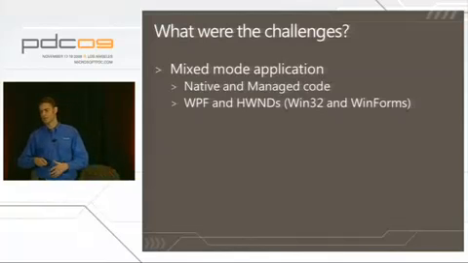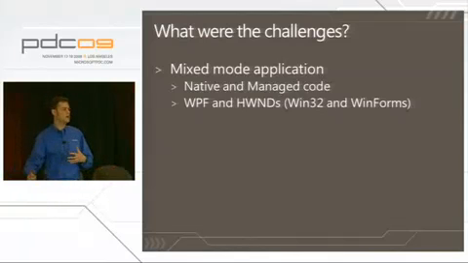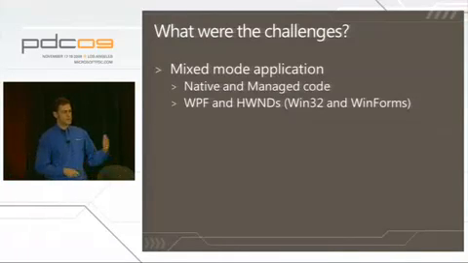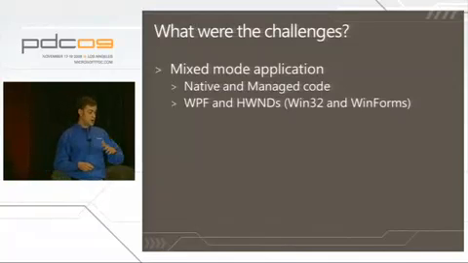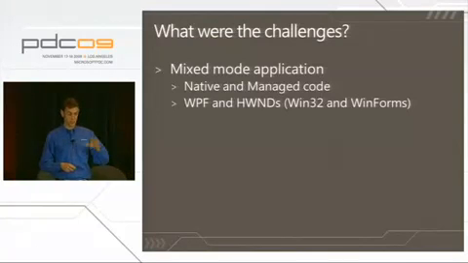Firstly, of course, is just that native managed divide. I talked about the data binding layer, but there's also interaction models there. I'm going to talk about the message loop and integrating with the message loop. We're writing that message loop in native code, but it does have to make calls into managed code, and those have to be high performance and hopefully as lightweight as possible.